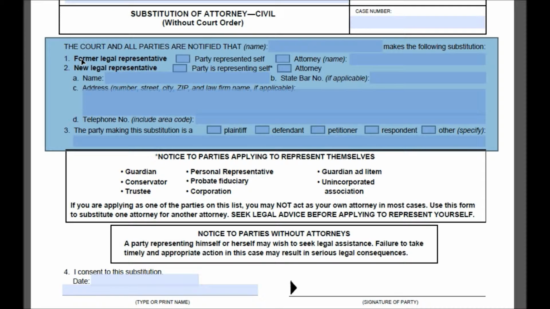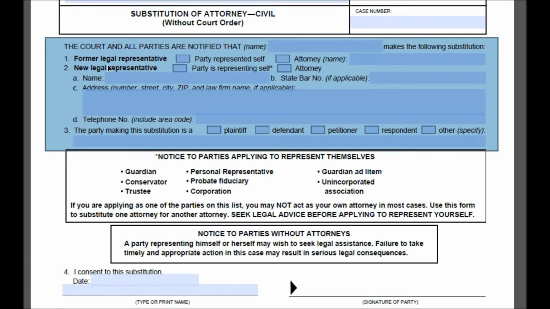There was an attorney or the client before, and afterwards there's going to be an attorney or the client after, but you have to actually sort that out.